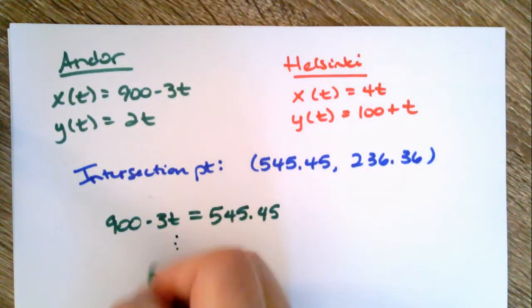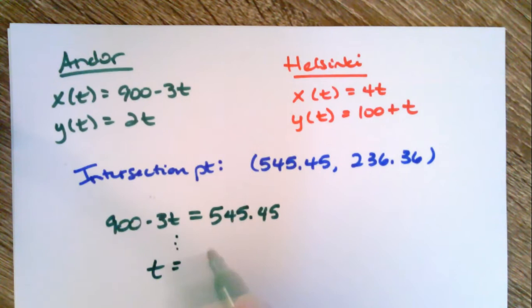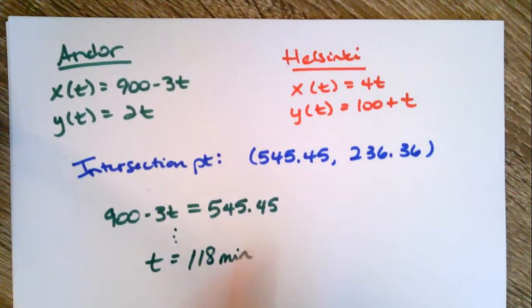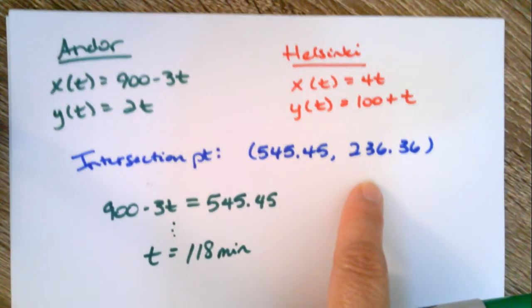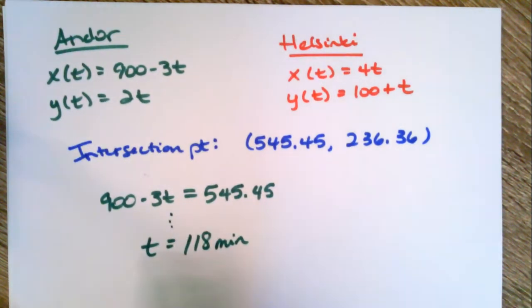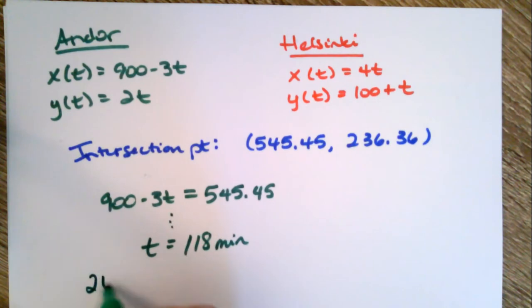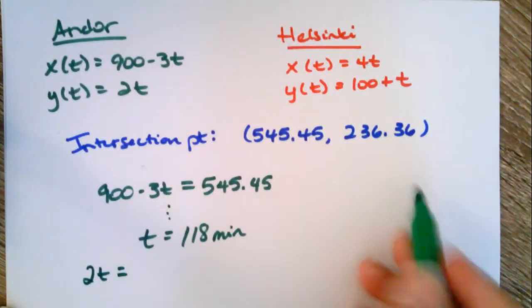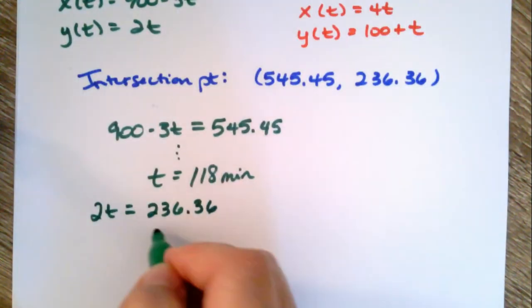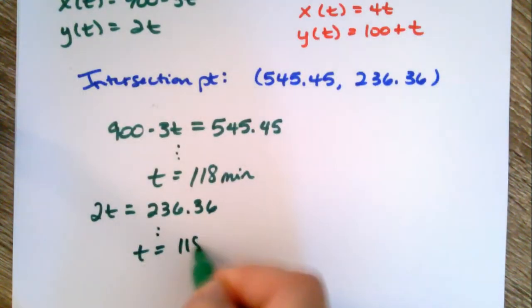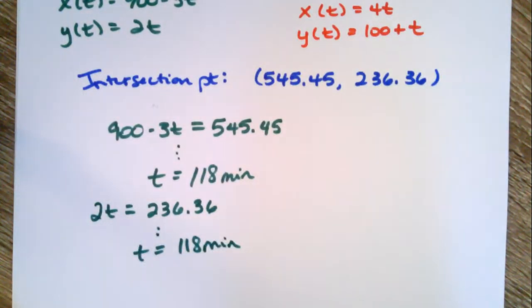We can do the algebra there and solve, but I'm going to go ahead and tell you that t is going to be equal to 118 minutes. I could also do the same thing with the y equation. In fact, in this instance, it would have been a little bit simpler to solve. The 2t y equation is going to be equal to the y coordinate. We want to know when those two things are equal. T, again, is going to be 118 minutes.